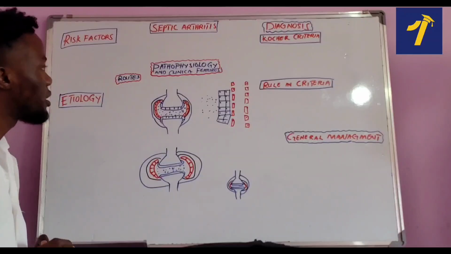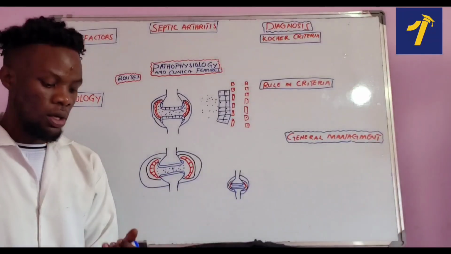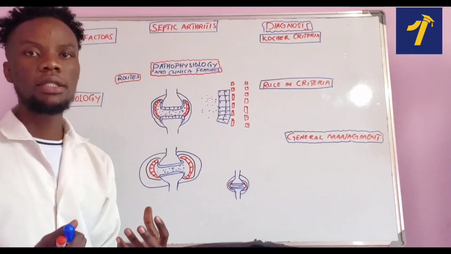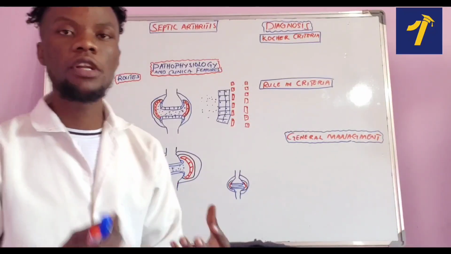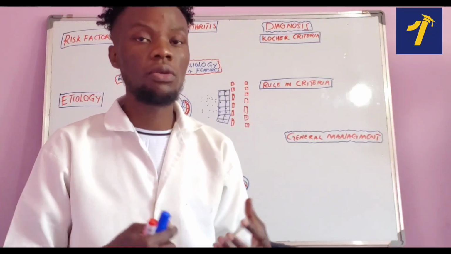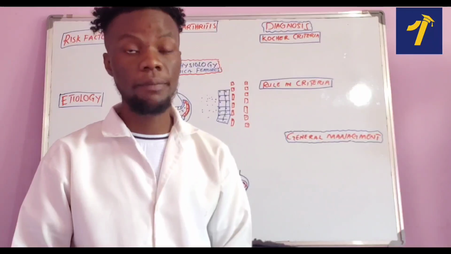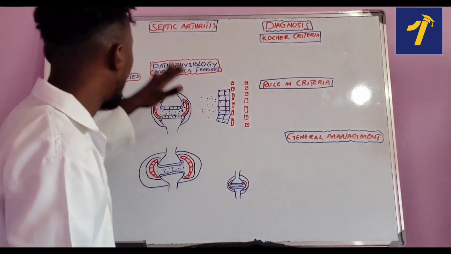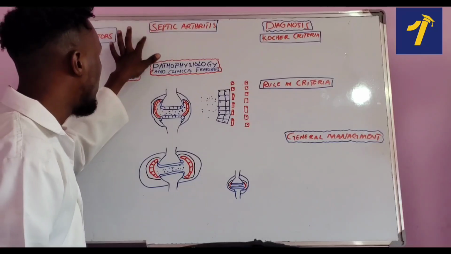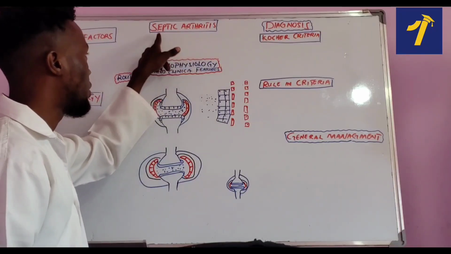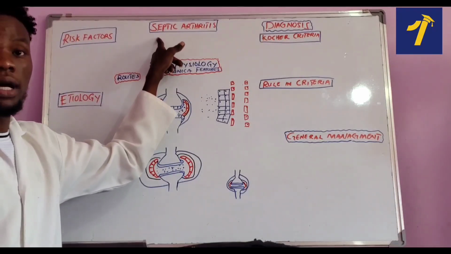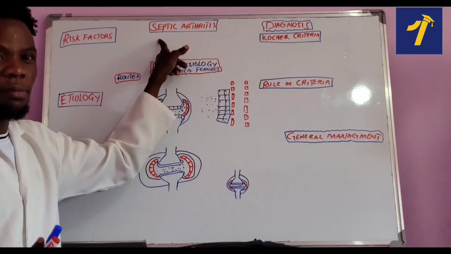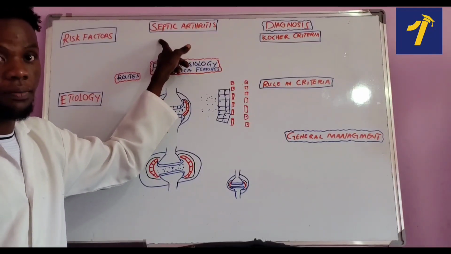Now, what is septic arthritis? If you remember from the previous video, we said arthritis is just the inflammation of one or more joints. Now, if you put septic, we're talking about the cause of arthritis being microorganisms such as bacteria, maybe fungal, or maybe parasitical, rarely viral.